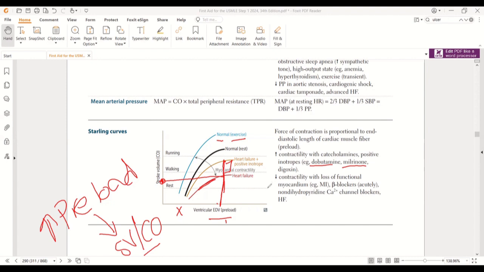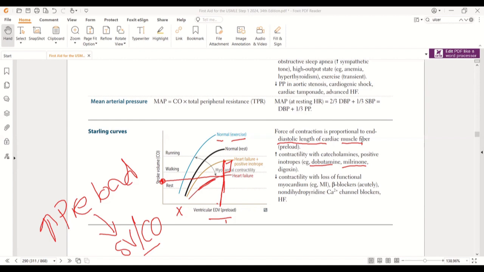So the force of contraction is proportional to the end diastolic length of the cardiac muscle fiber. Increase preload, increase cardiac output, increase stroke volume within physiological limits.